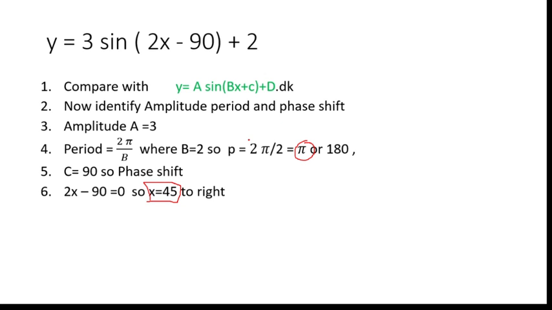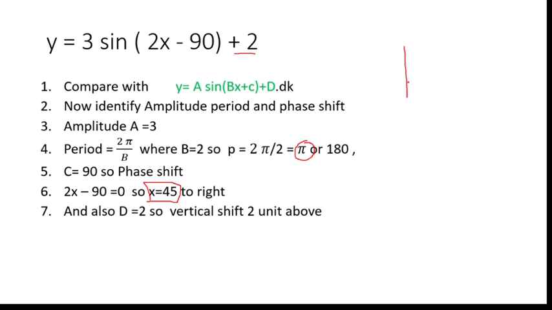But notice here the important thing, the vertical shift is 2. Now your line is not at 0, your line is at, for example, this is your original 0, this is 1, this is 2, and this is negative 1, this is negative 2, and this is 3.